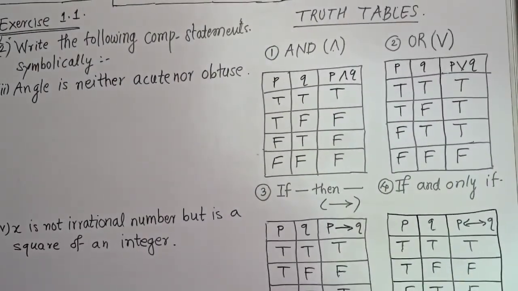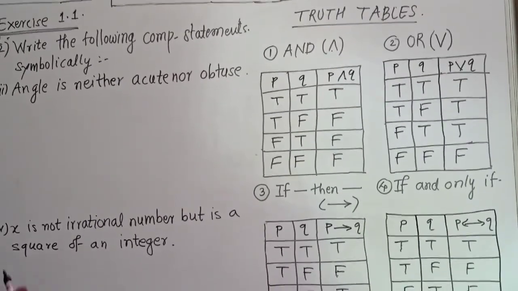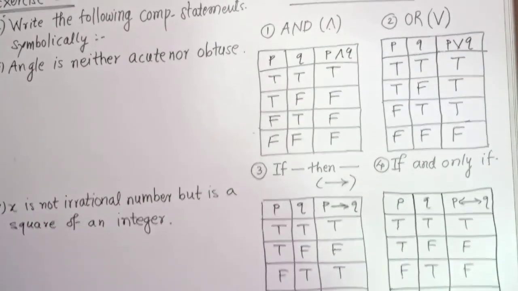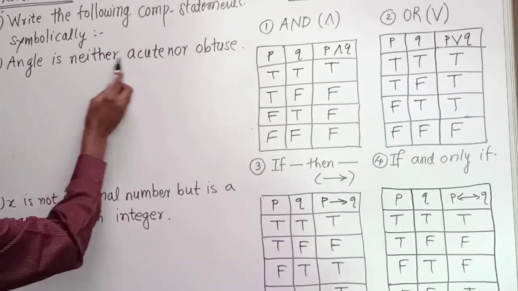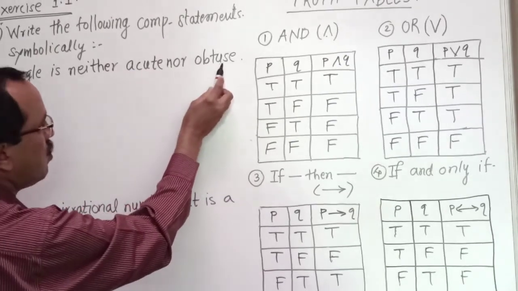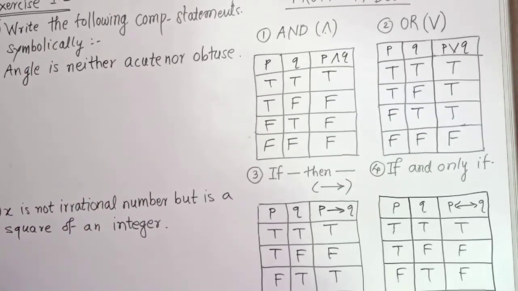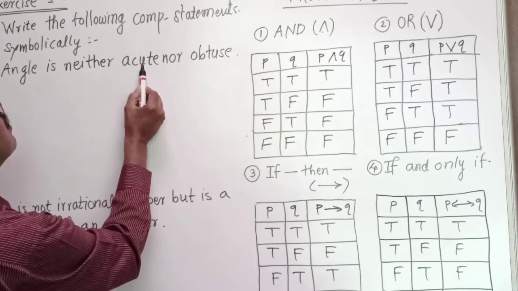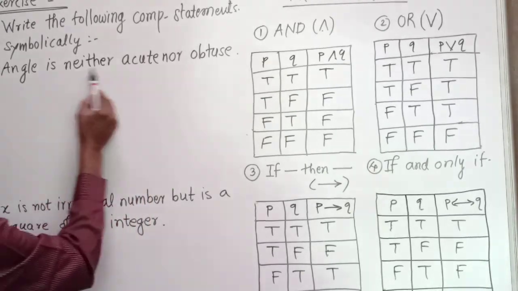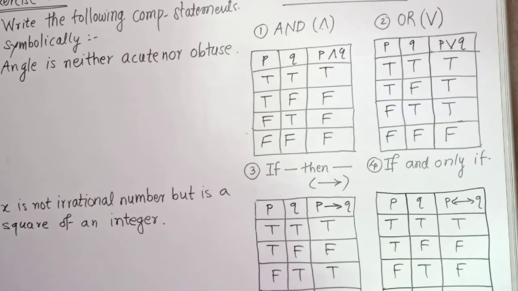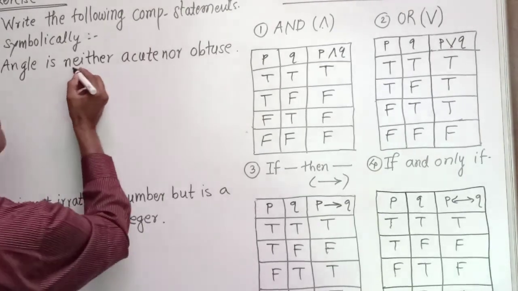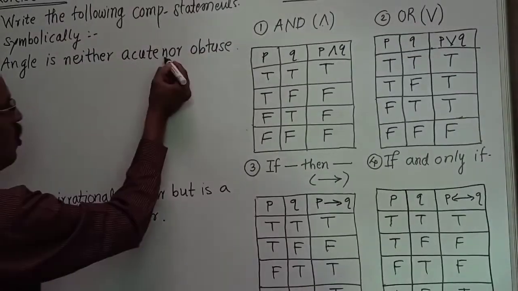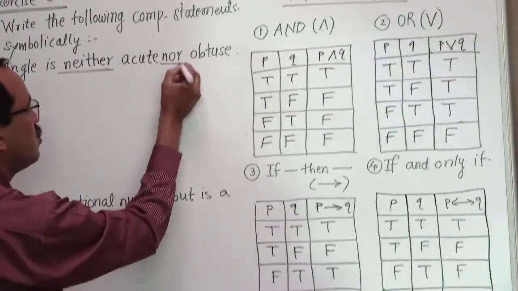Now we consider another example in question number 2: angle is neither acute nor obtuse. Here also we get two simple statements: angle is not acute, and angle is not obtuse. The phrase is neither nor.